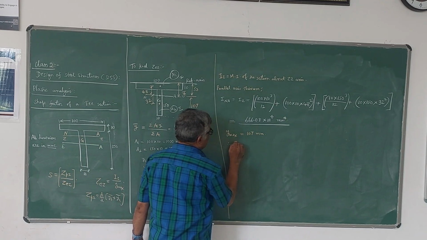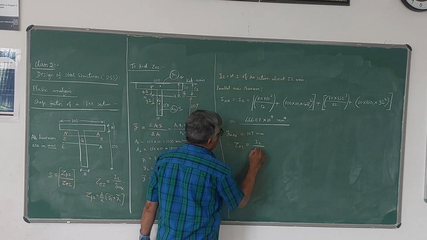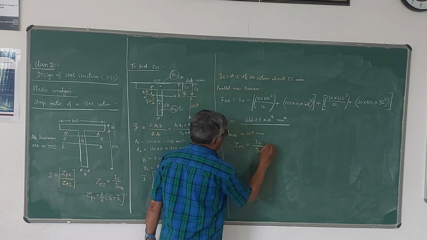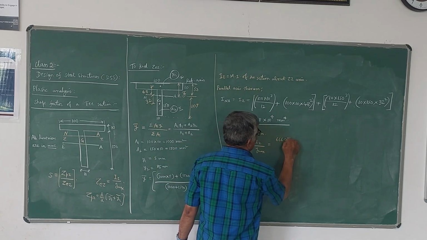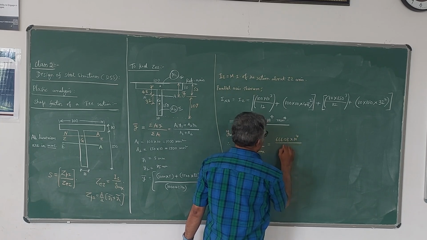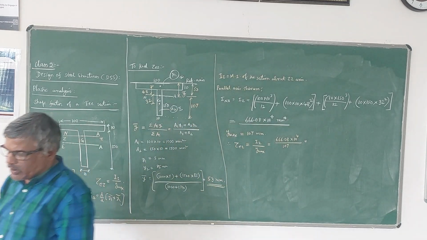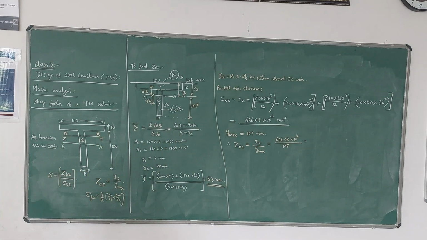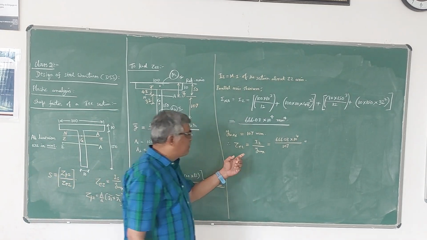Therefore ZE will be IZ divided by Ymax, which is 666.08 into 10 power 4 divided by 107. This value will be in millimeter cube, because IZ is in millimeter power 4 and Ymax is in millimeter.